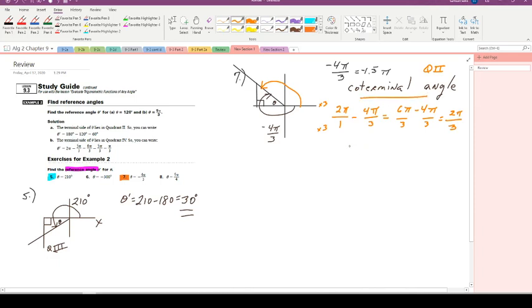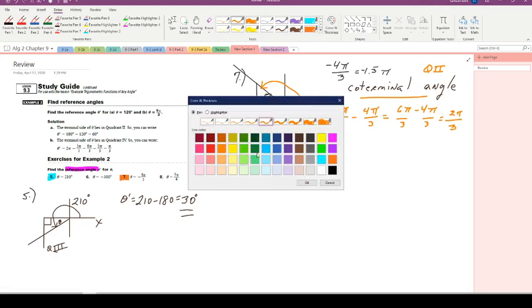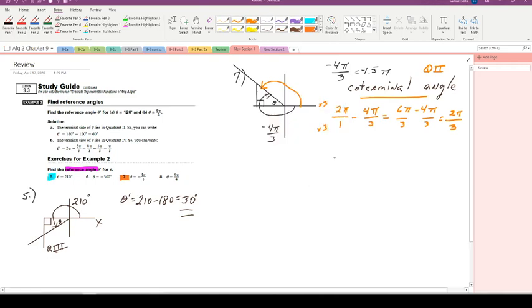My reference angle, I have to do, okay, because this is this angle, this way, up here, and I need this little angle. Well, that's in quadrant 2. So that means I have to do the following. I'm going to change the color so you can see it better. To find my reference angle, I have to do pi over 1 minus 2 pi over 3, because it's in quadrant 2.